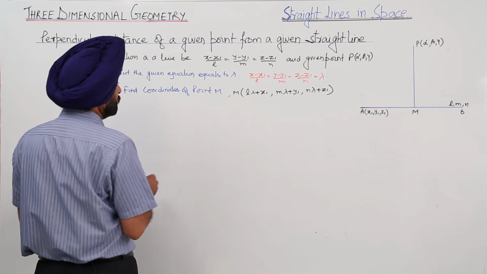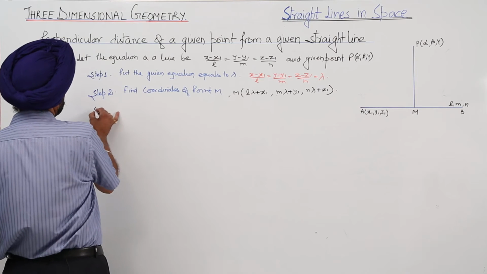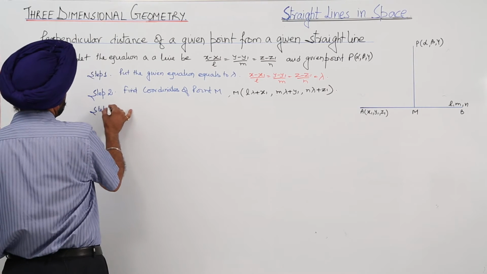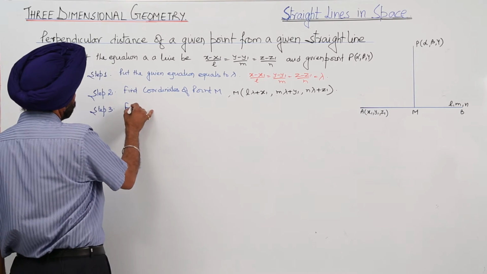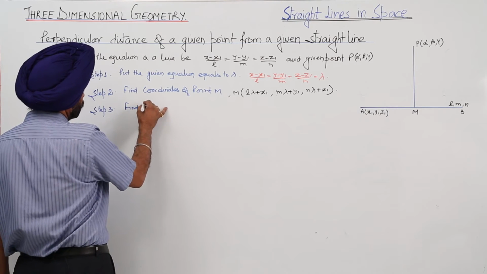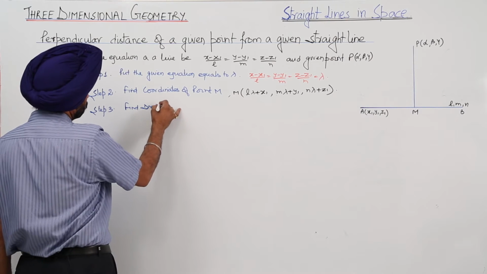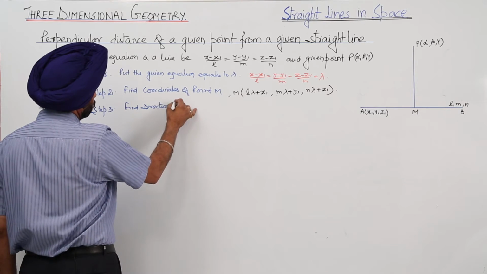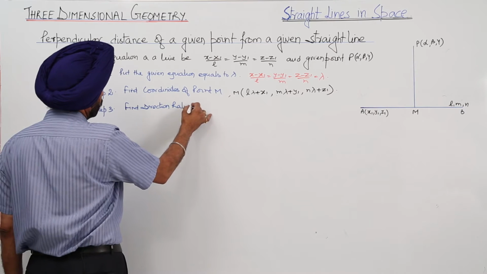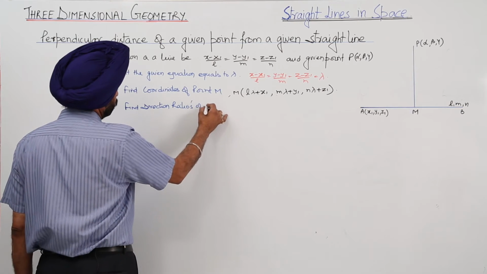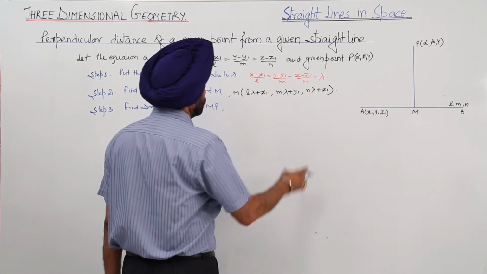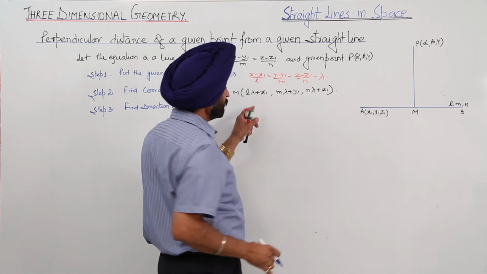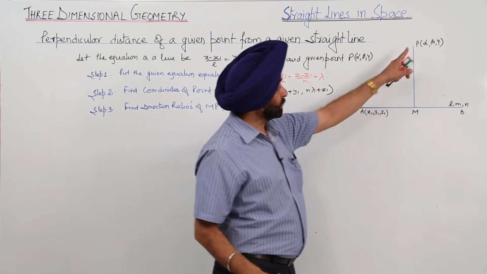Now, step 3. Step 3 is to find the direction ratios of MP. Coordinates of M we got, coordinates of P we got.